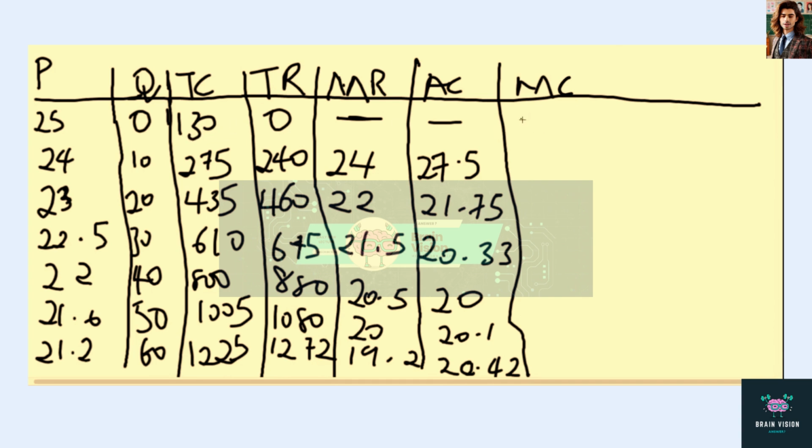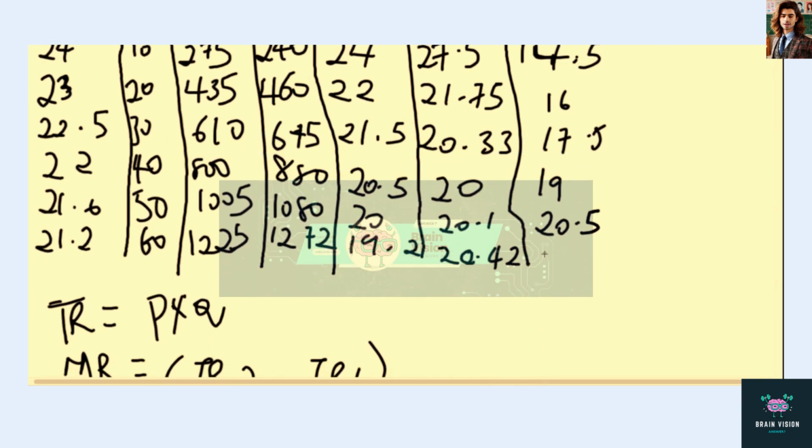So the first one will be 0, obviously. Then 275 minus 130 divided by 10 gives 14.5. The next one is 16, then 17.5, then 19, then 20.5, and the next one is 22.